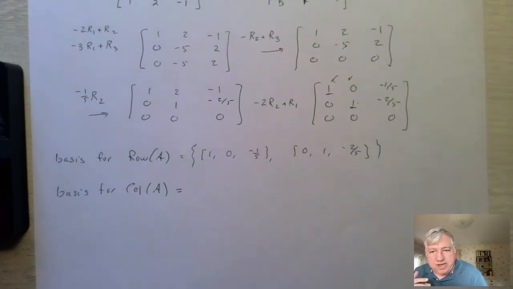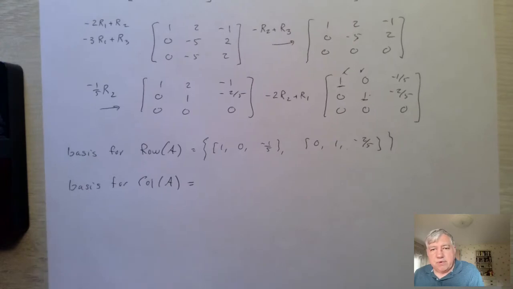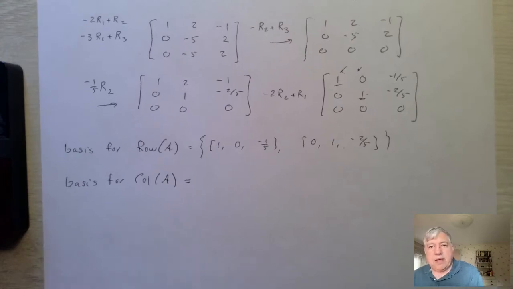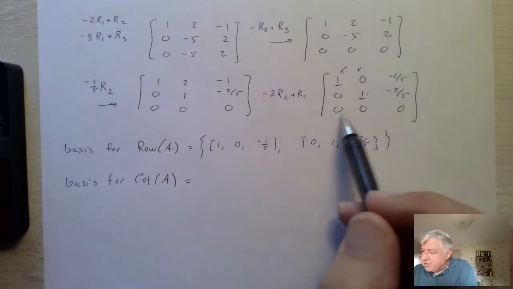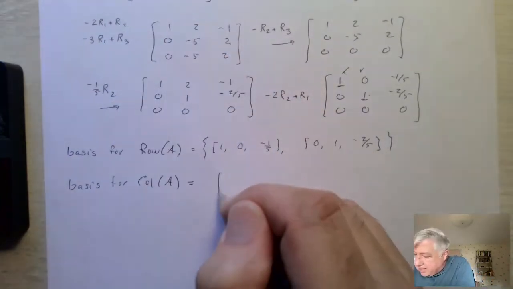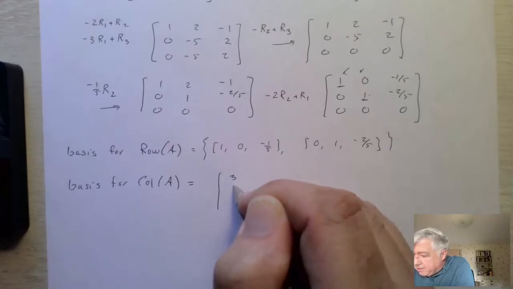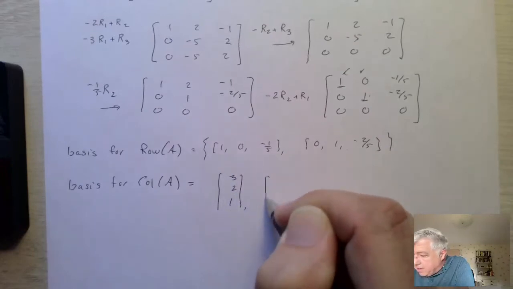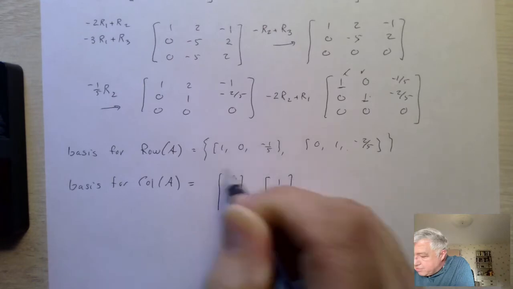Remember, a pivot is the first non-zero entry of a row, and that's always got to be a 1 if it's in reduced row echelon form. So it's the first and second columns here, and so we take the first and second columns of A. We get 3, 2, 1, and 1, -1, 2.